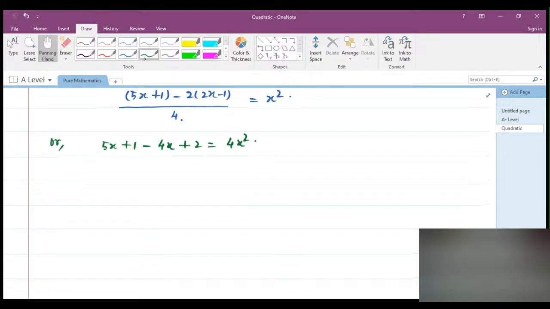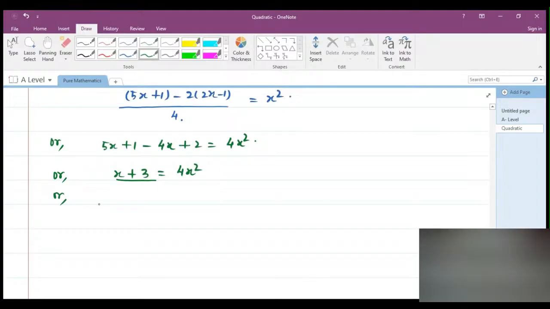So the next step will be 5x minus 4x equal to x, 1 plus 2 equal to 3, equal to 4x square. So when x plus 3 moves to the right hand side, then we get 4x square minus x minus 3 equal to 0.